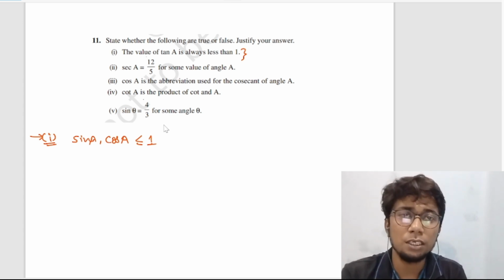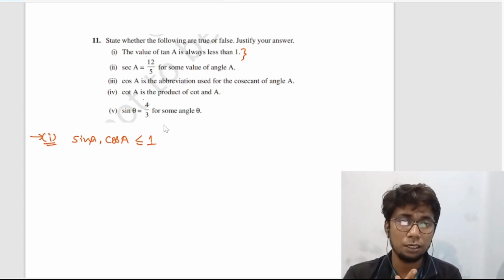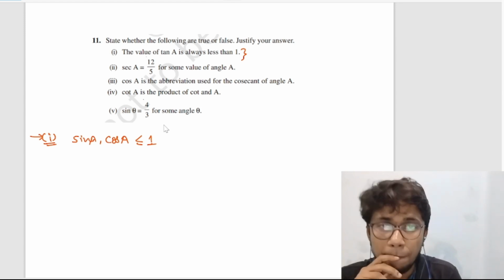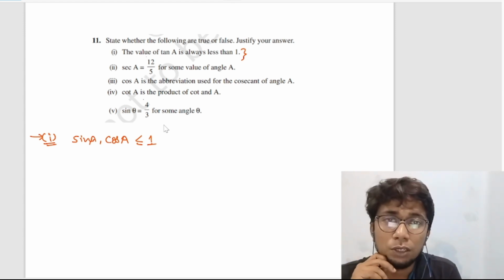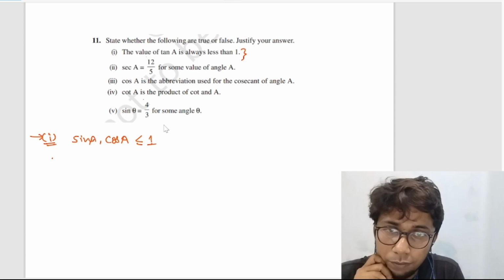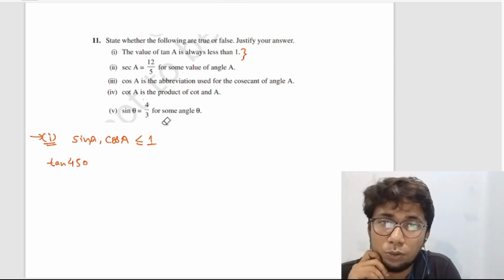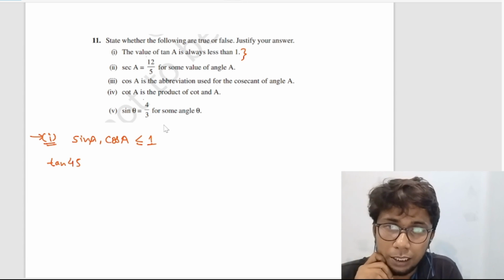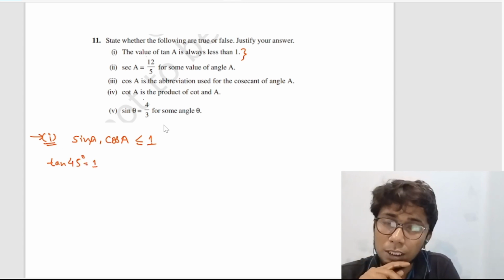See, for 45 also, if A is 45, what is tan 45? Tan 45 is nothing but 1, right? Tan 45 degrees is 1. It's equal to 1. It is not less than 1.